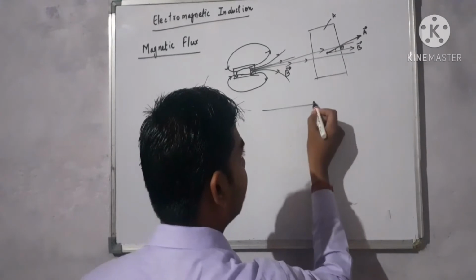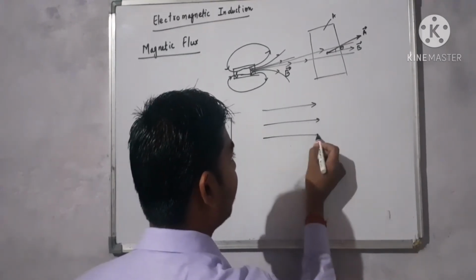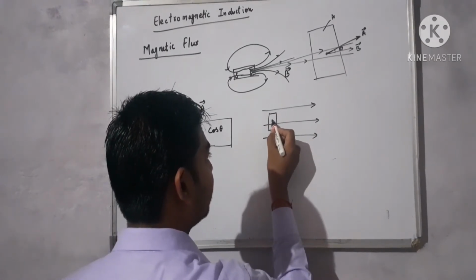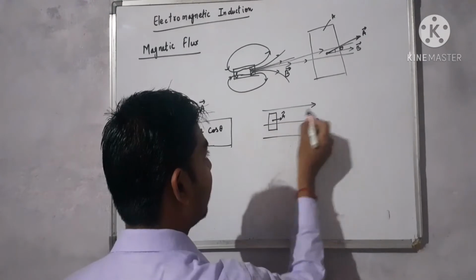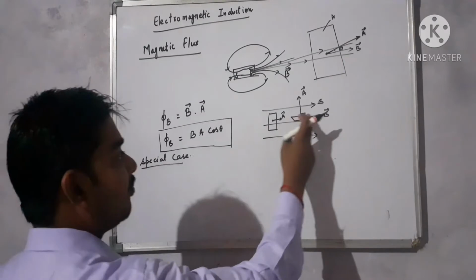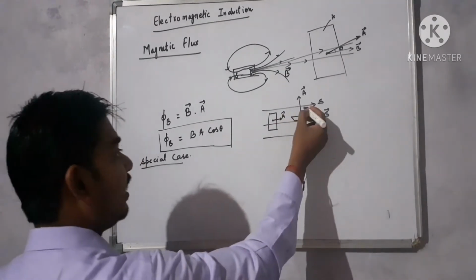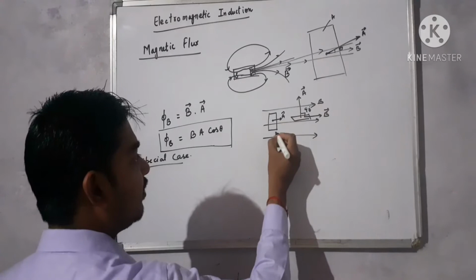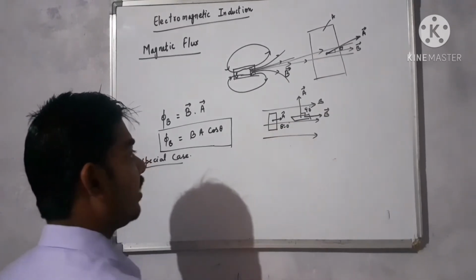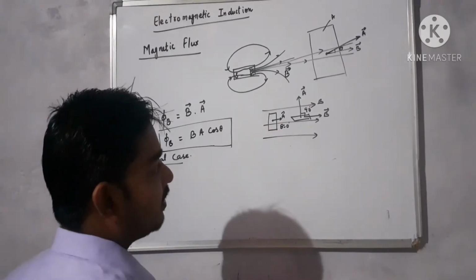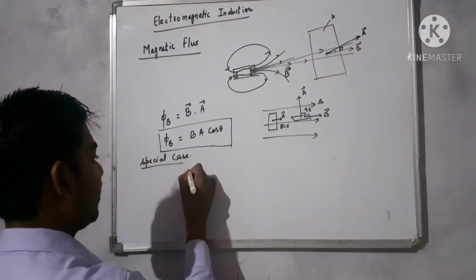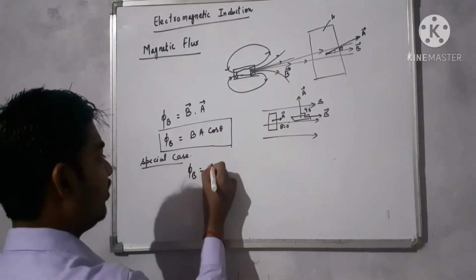Like see, this is a uniform magnetic field. We can draw the area vector A this way, and the magnetic field B this way. When the angle between the magnetic field and the area vector is theta equal to 0, the flux is phi B equal to B A cos theta.